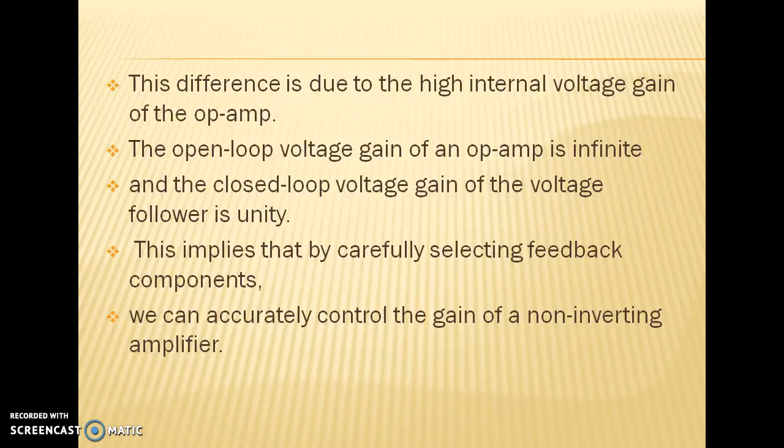This difference is due to the finite internal voltage gain of the op-amp. The open loop voltage gain of an ideal op-amp is infinite, and the closed loop voltage gain of the voltage follower is unity. This implies that by carefully selecting feedback components, we can accurately control the gain of a non-inverting amplifier.